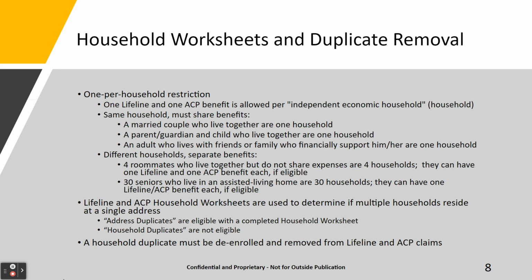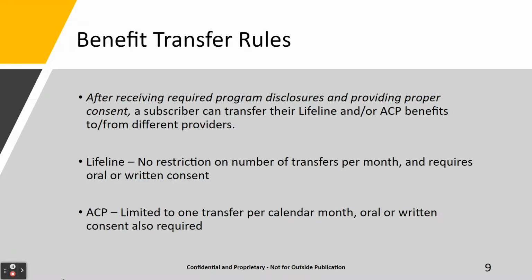At AMBT, we scrub for duplicates at the point of enrollment with a CGM application, and we do it again at the beginning of each month when we are preparing to make reimbursement claims for the prior month. Our goal is to have 0 household duplicates within our company. If you see something that doesn't look right, please say something. More on how you go about that later in this training. The next area we're going to cover is the benefit transfer rules.